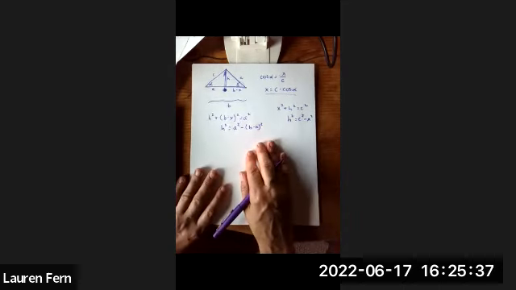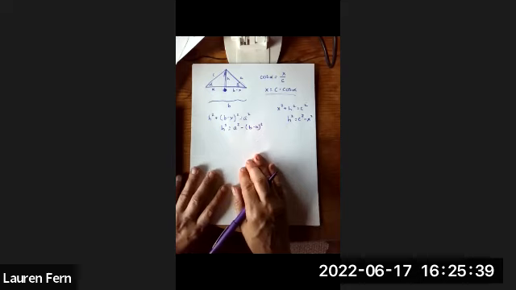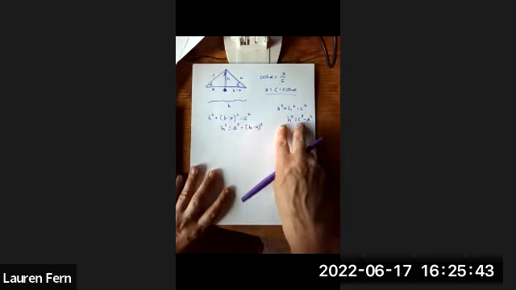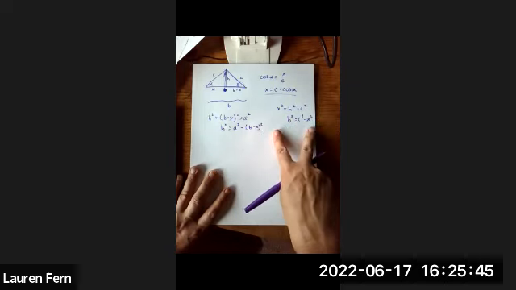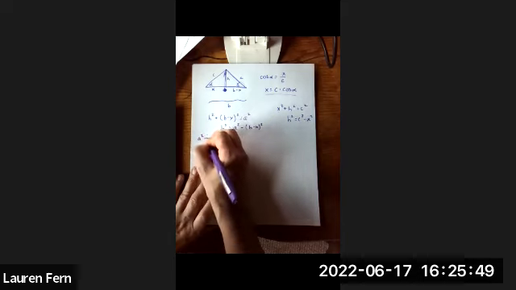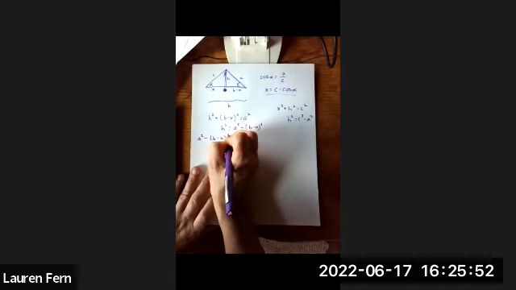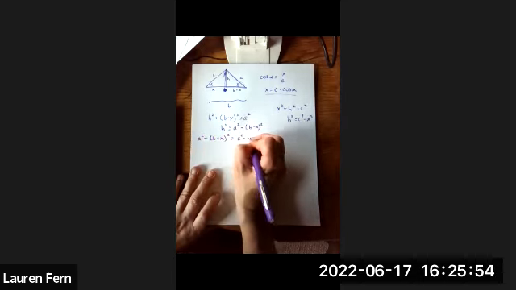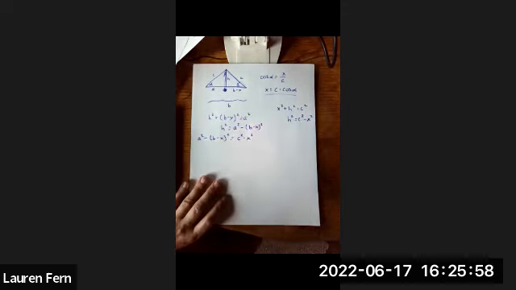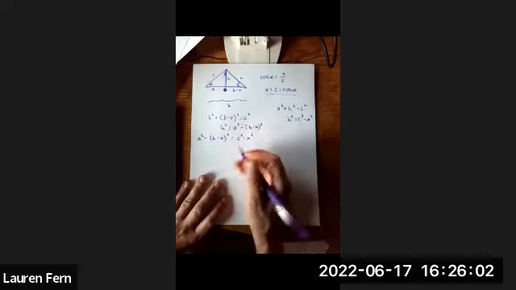Again, this is just like the icing on the cake, if you will. Well, if h squared is equal to this and h squared is equal to that, and we're in the same triangle, essentially then I can say that a squared minus (b minus x) squared is equal to c squared minus x squared. And now we get to do some algebra, okay?